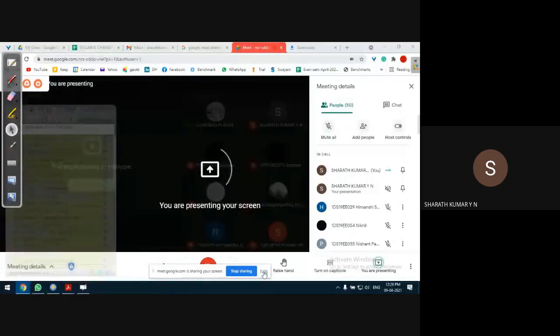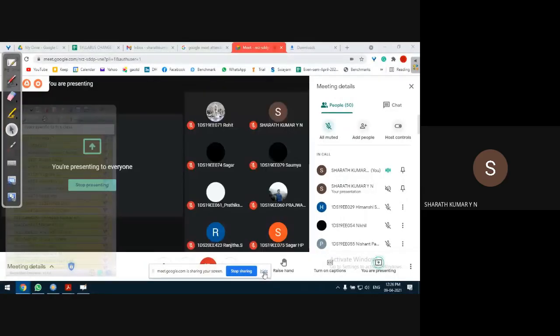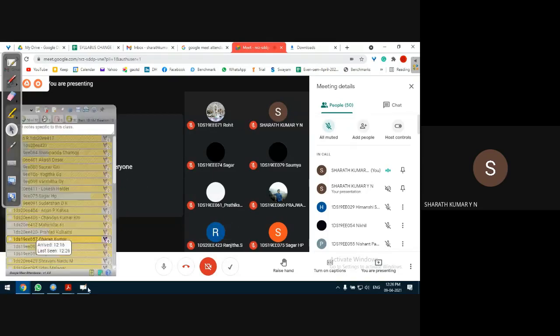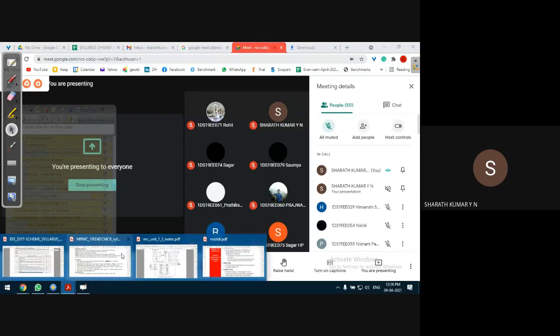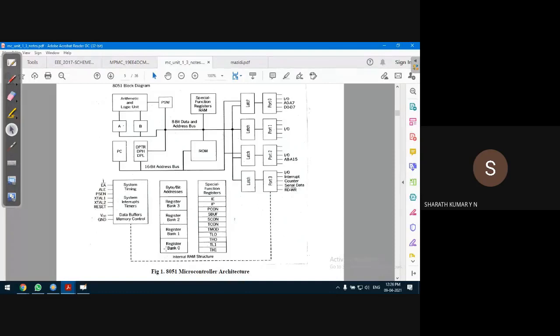Oh, sorry. Instead of hiding the screen share display, I clicked on stop sharing. I should have been clicking on this side instead. Thank you anyway, because I may not notice whether you guys are able to see that or not. Here we go. We can see this screen now.